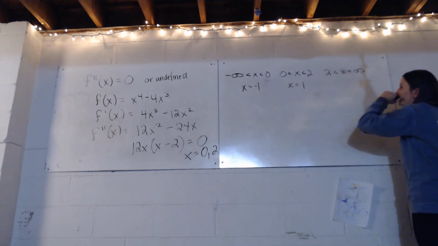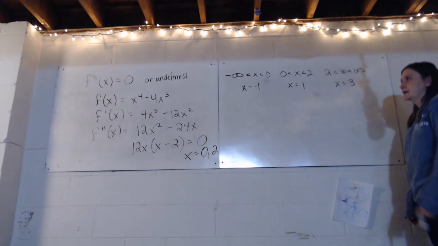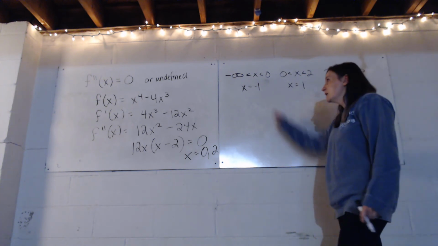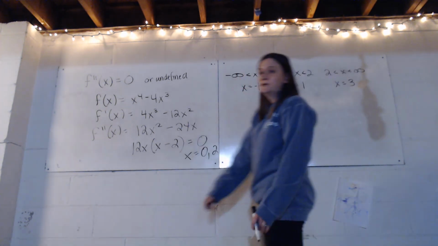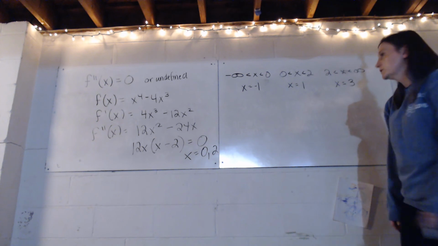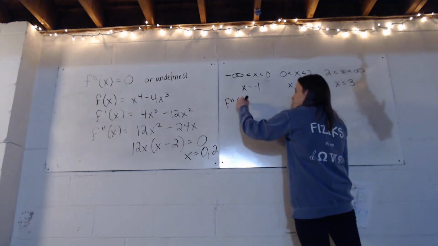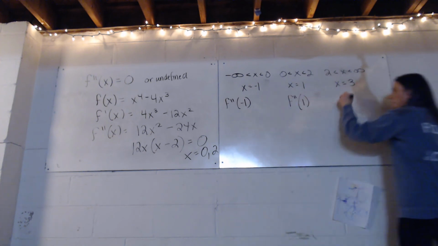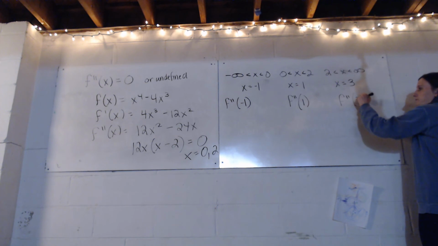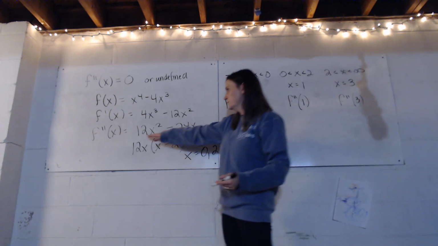Here I will say x is equal to 3. And I plug this point into the second derivative to figure out if it's less than, equal to, or greater than 0. So I take the second derivative at negative 1, second derivative at 1, second derivative at 3. And I just plug and chug these values into this function.